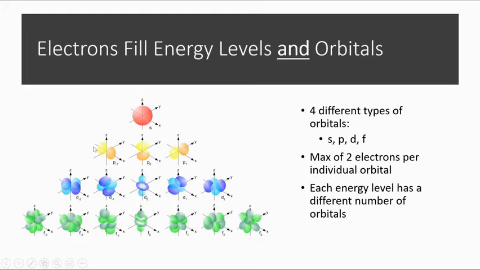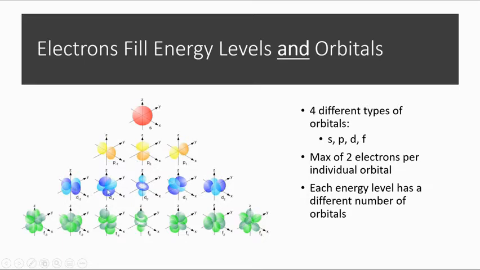P has px, see how it's on the x-axis, pz, and also py. So the P sublevel can have 2 electrons here, 2 electrons there, and 2 electrons there. So you can have a maximum of 6 total in the P sublevel, okay?